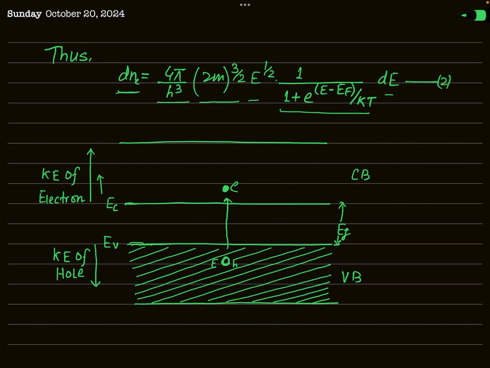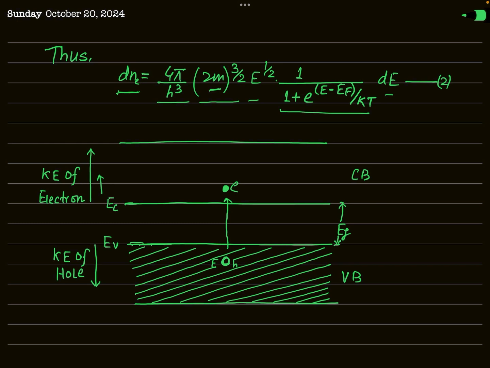First of all, you can think about this m. This is the mass of a free electron, and you have already studied the concept of effective mass of electron. Whenever an electron is not free but is inside a crystal, then its mass is not equal to its free mass m, but its mass is called the effective mass.